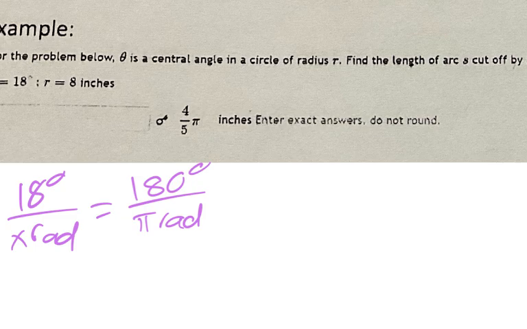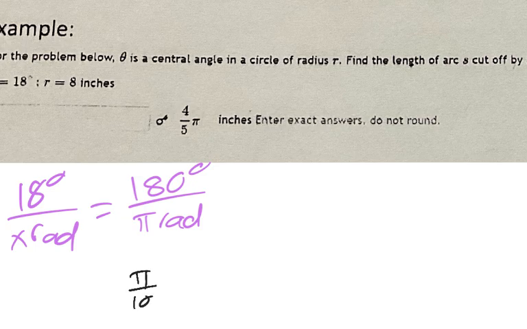Notice I've got degrees on top, radians on bottom. As long as you do that, you're good. You could go the other way. You could do radians on top, degrees on bottom. It'll still work. If 180 degrees is pi radians, then 18 degrees, I can do this as a shortcut. That would be pi over 10.